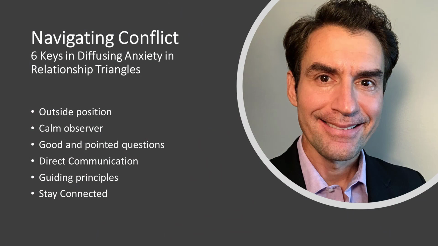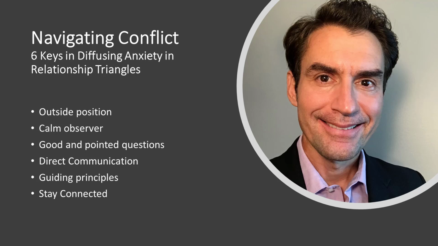They avoid taking on the anxiety in a triangle by remaining in the outside position. In this position, effective leaders are able to be a resource in helping others resolve the conflict when they function as a calm observer. They ask good and pointed questions, causing those involved to use their best thinking. This way, they can see their role in the conflict and begin taking steps to resolve their own problem.